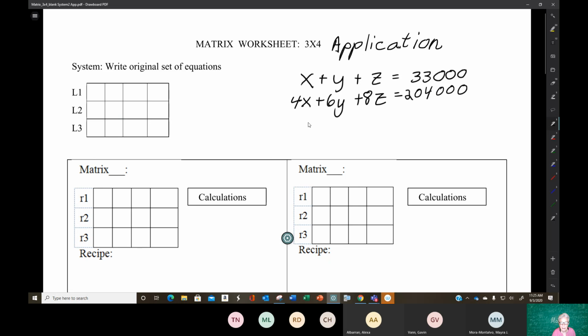And then we've got x plus y minus 2z equals 0.